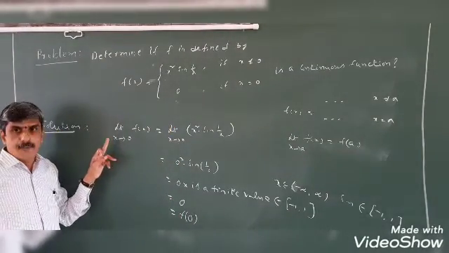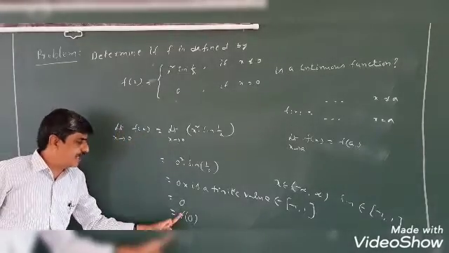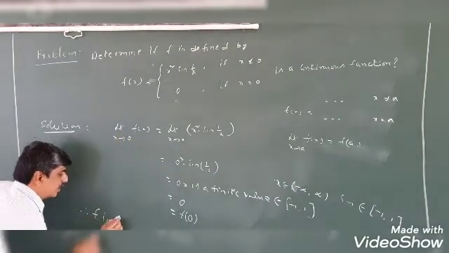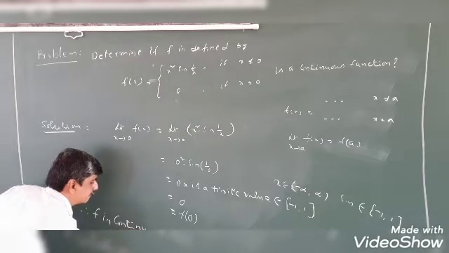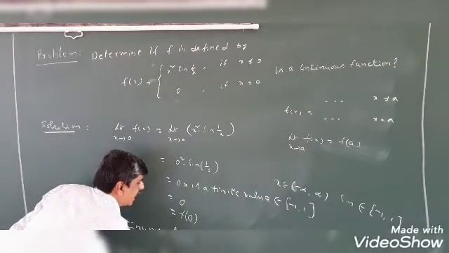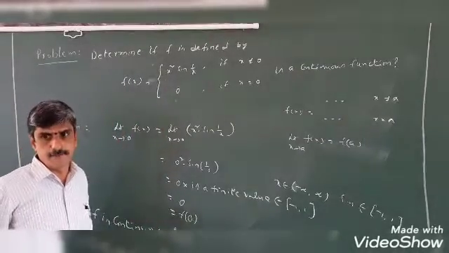So we reach limit x tends to 0 f of x is equal to f of 0. Therefore, f is continuous at x is equal to 0.